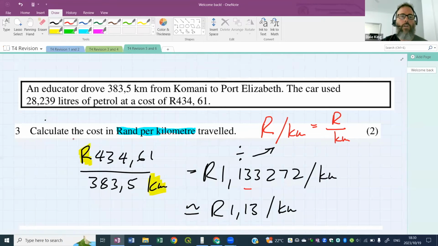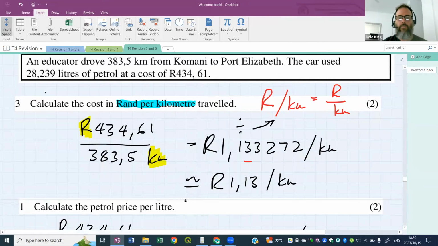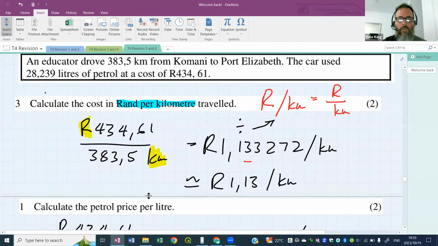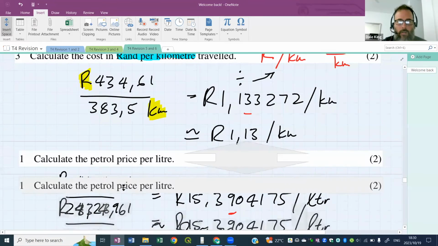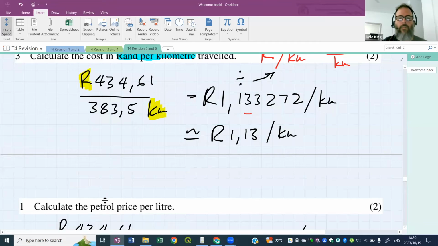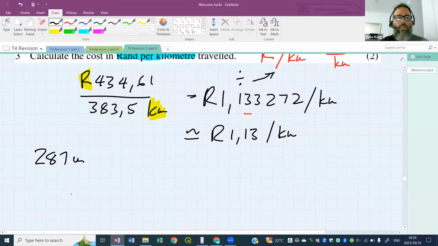All right. So if you want to know how to get, let's create a little bit of space here and write an example. Let's say we had a question where you traveled 287 meters, and it took you 32 seconds.